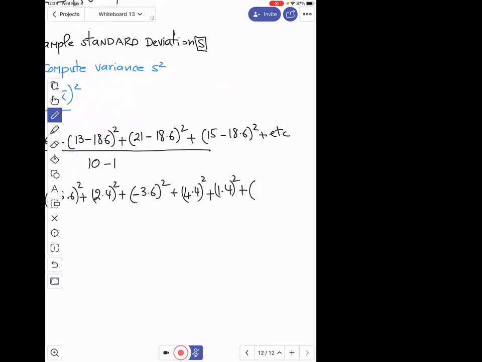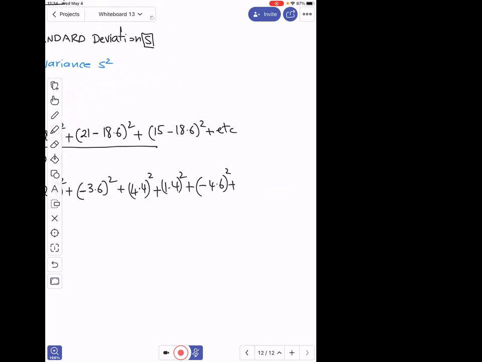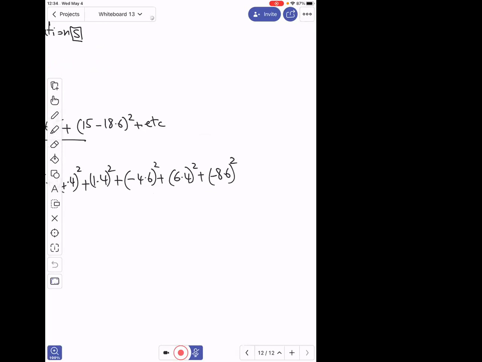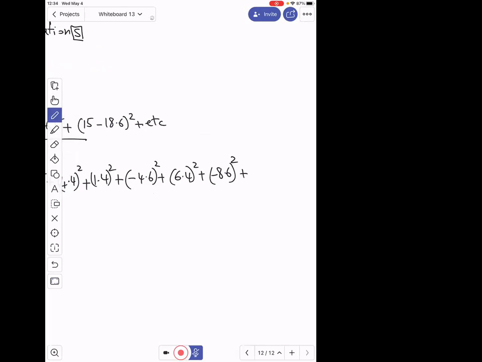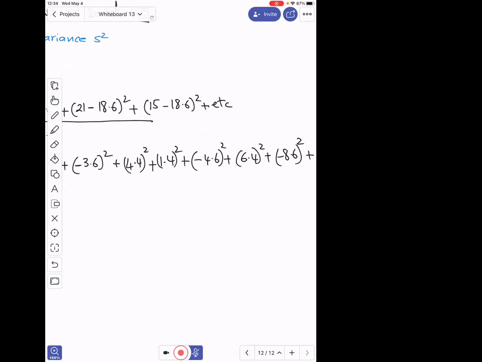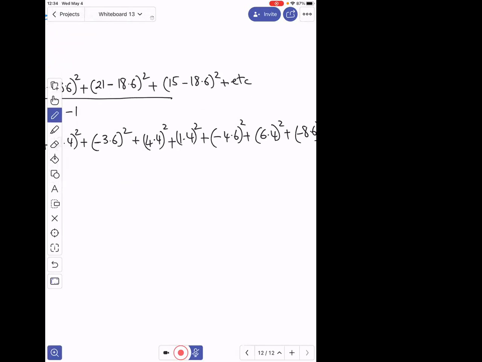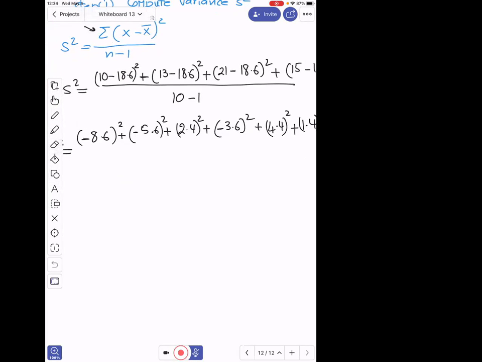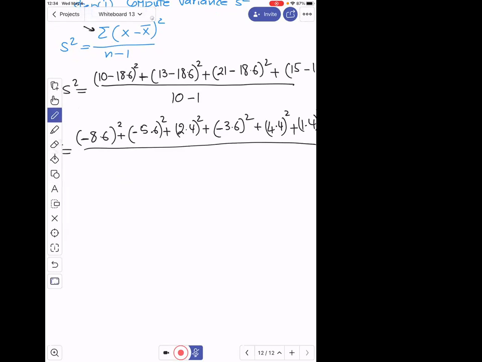Next value, oh yeah, 14, yeah, negative 4.6. Thank you, Yanni. And then it's 6.4. Then negative 8.6, that's right. And the last one, 16.4. Thank you. And so this whole thing here, of course, is divided by 9.